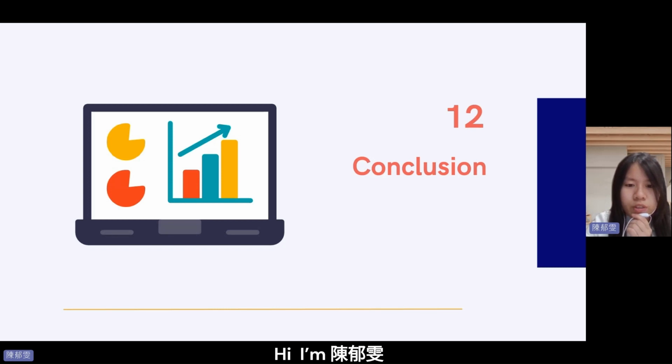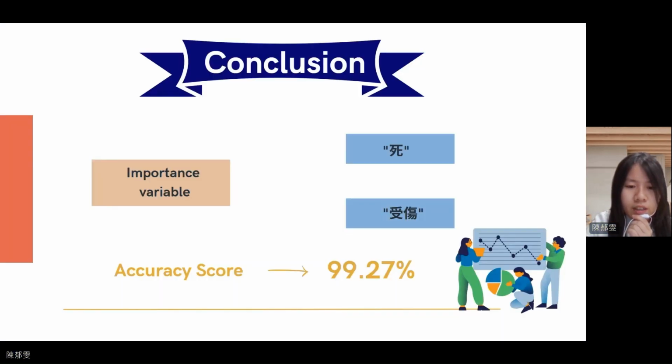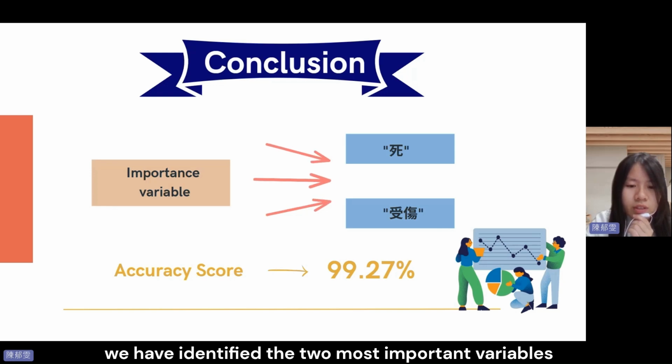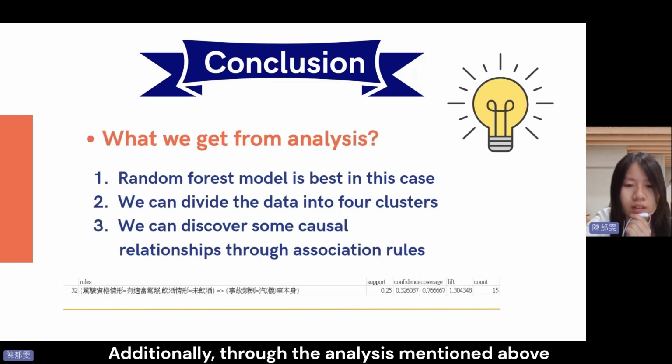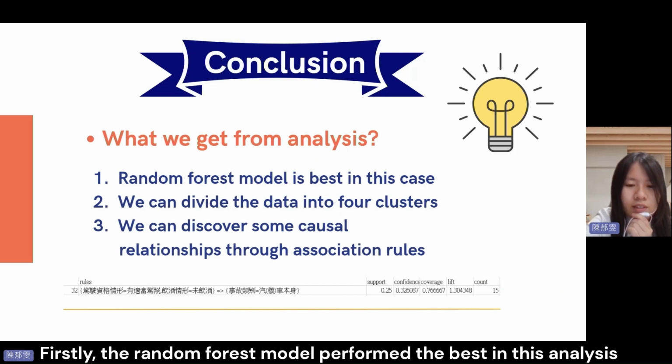Hi, I'm Chen Yuwen. In the final session, which is the conclusion, based on the chi-square test and decision tree model, we have identified the 2 most important variables, namely death and injury, with an accuracy of 99.27%. Additionally, through the analysis mentioned above, we obtained several results. Firstly, the random forest model performed the best in this analysis.